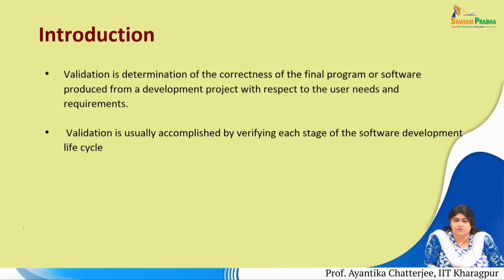We have mostly so far focused on the modeling part and discussed that in detail, taking the reference of finite state machine. There are other types of modeling also, but as of now we are focusing on the finite state machine type of modeling, and with that example we are going to discuss today the concept of validation.